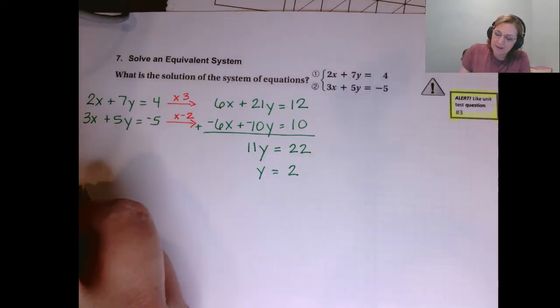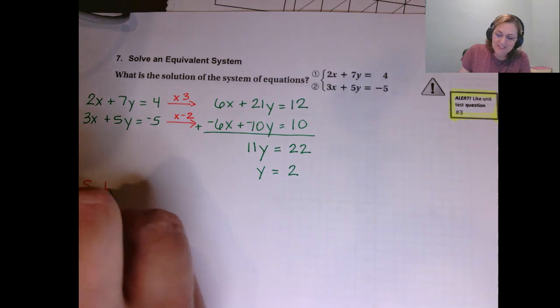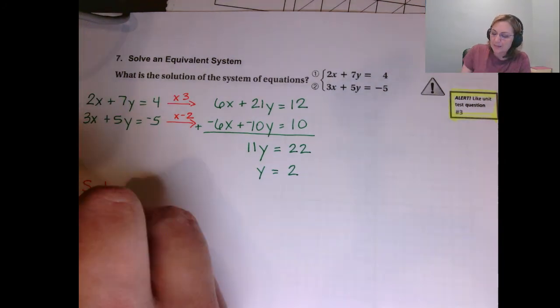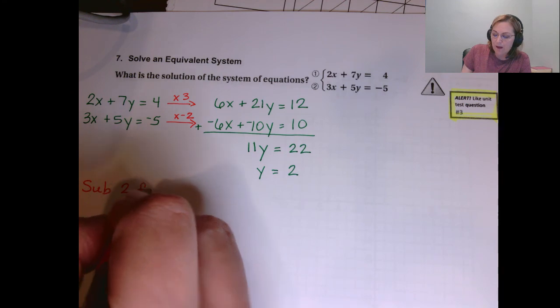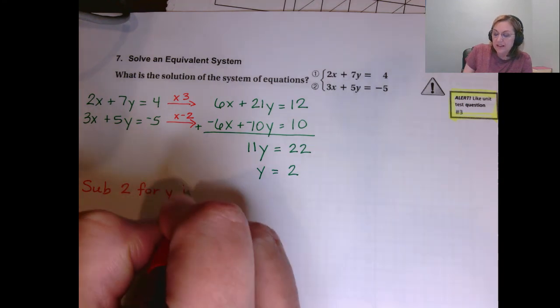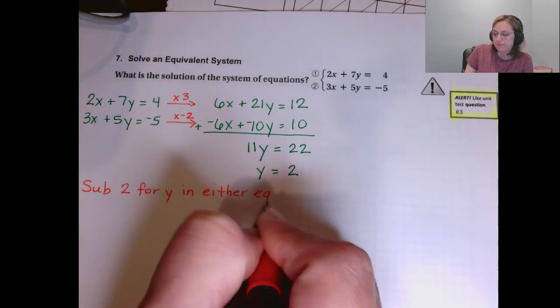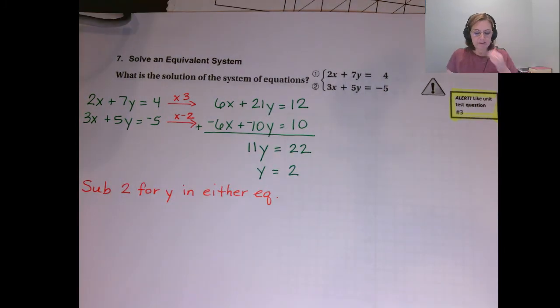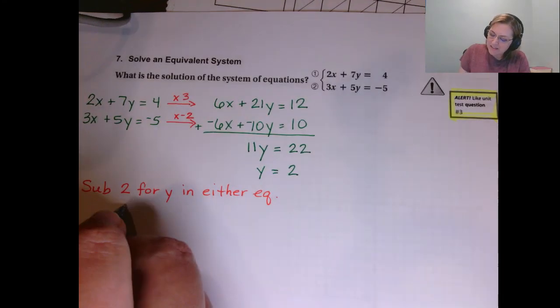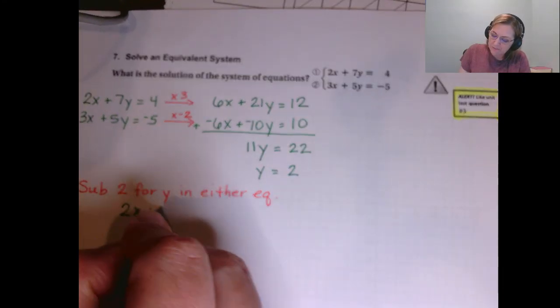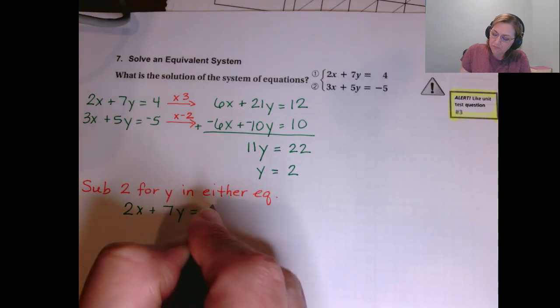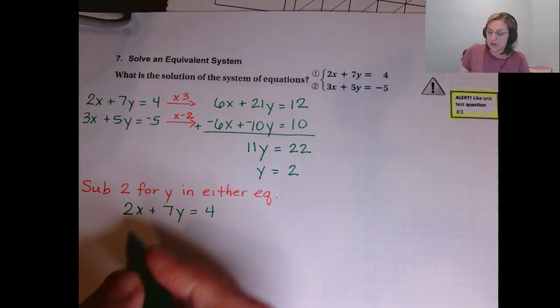So my next step, my final step still hasn't changed. We're going to sub 2 for y in either equation, either one. One doesn't look any easier than the other, so I'm going to take one of the equations and I'm going to substitute in 2 for y.